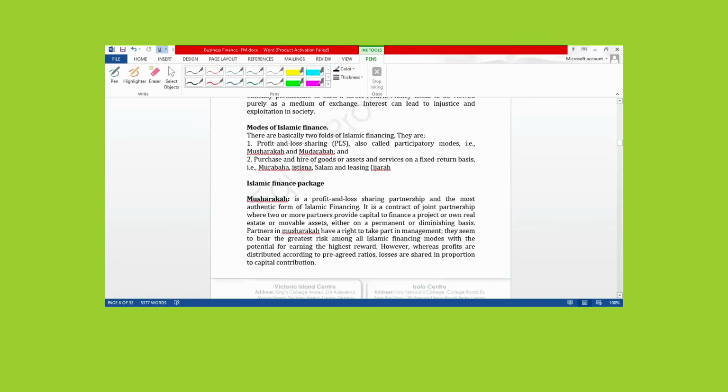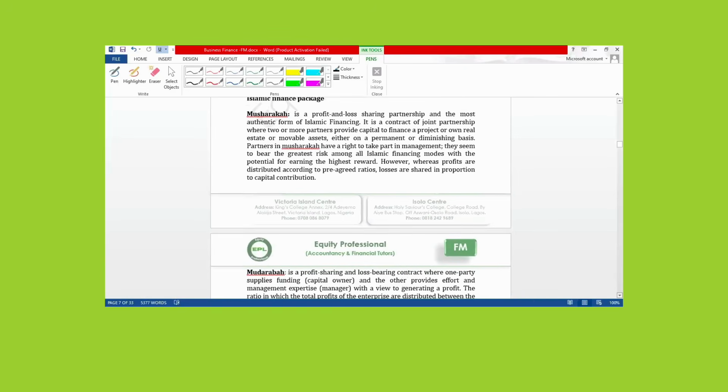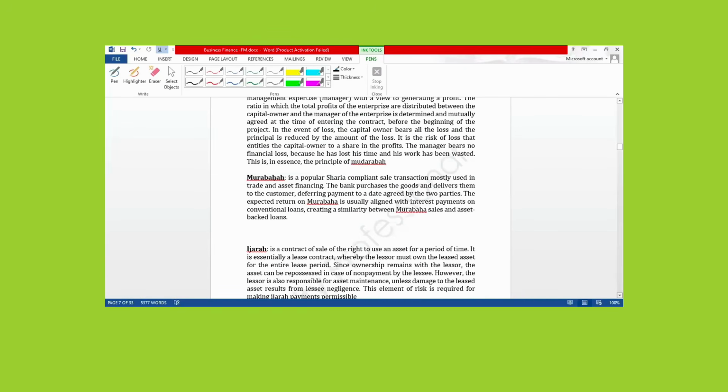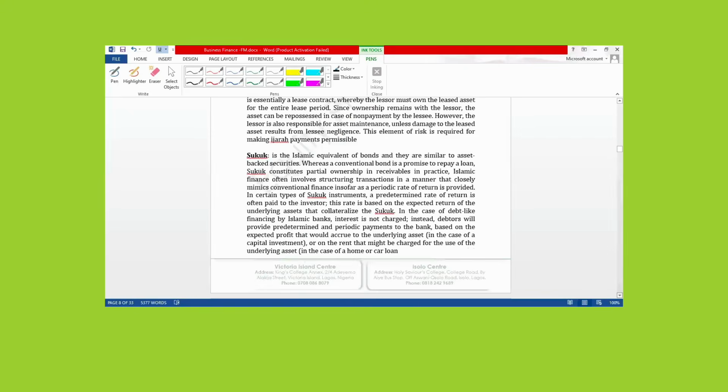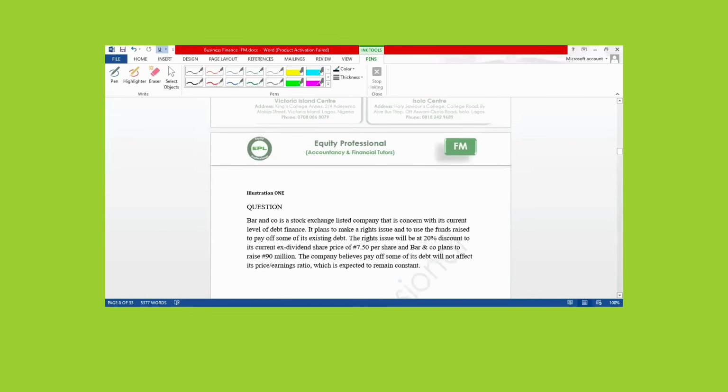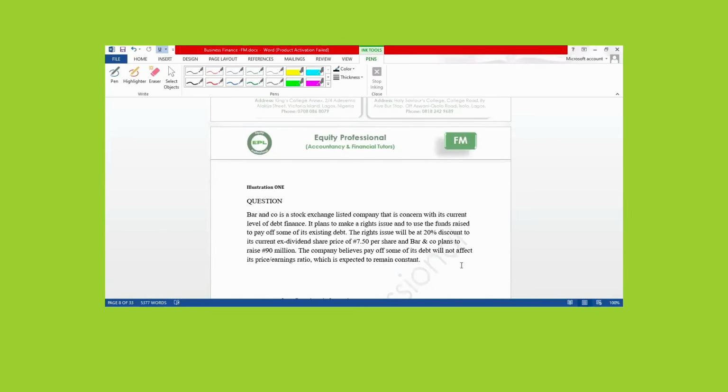What are the methods of Islamic financing? We can compare Islamic finance with conventional financing.